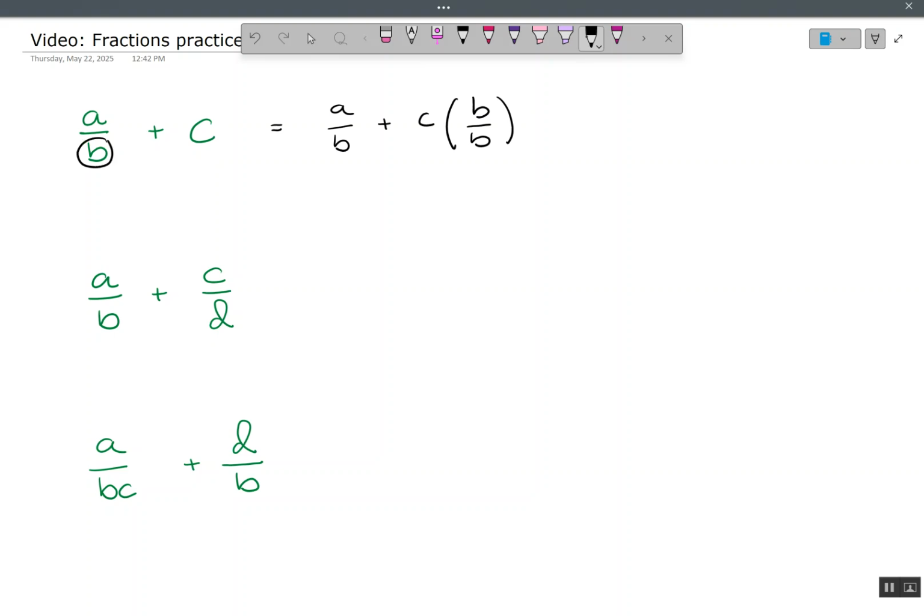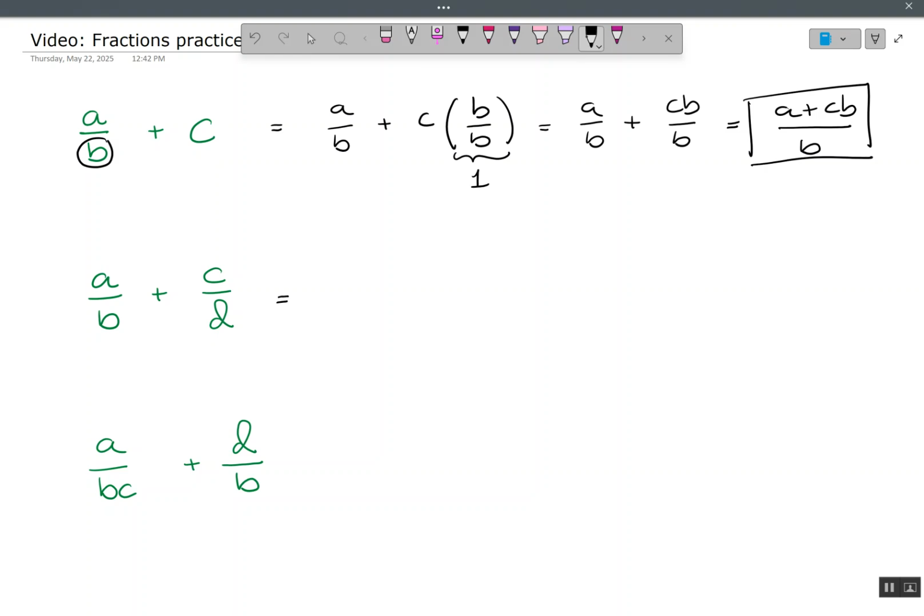This guy on the top and the bottom. We're allowed to do that because this is just the number 1. So we have a over b plus cb over b. Now that we have the same denominator, we can collect our terms on the top.